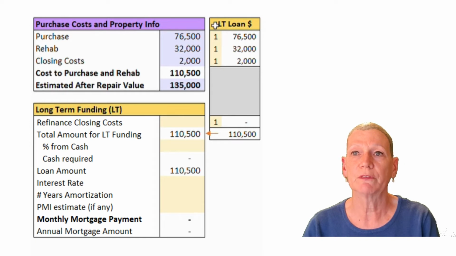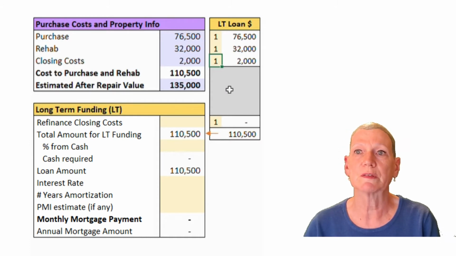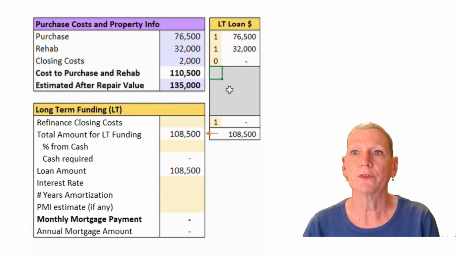So for example, if you didn't want to try to include those closing costs in your long-term loan, you would just put a 0 instead of a 1, and now the total value for your long-term loan that's shown here and copied into this amount to borrow field is just the amount of the purchase and the rehab.